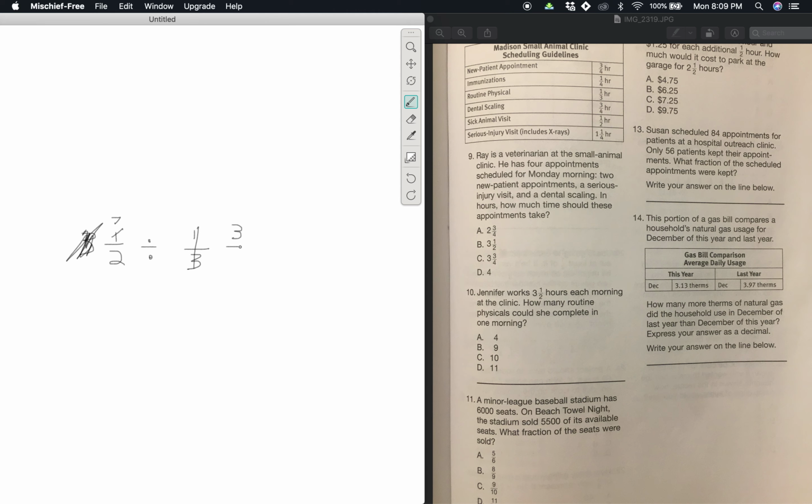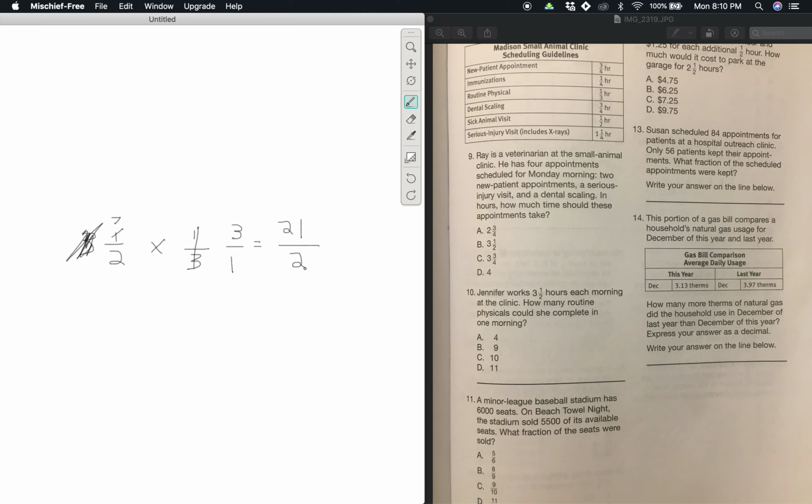So 3/1 instead of 1/3. This is starting to look a little messy here. Now that we flipped it over, we turn this into multiplication. So 3 times 7 is 21. Let me put an equal sign here, just for reference. Then 1 times 2 is 2.